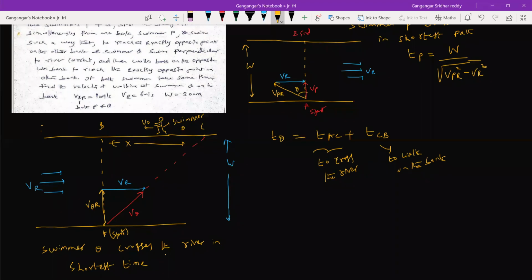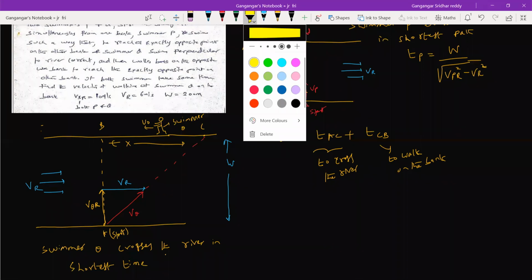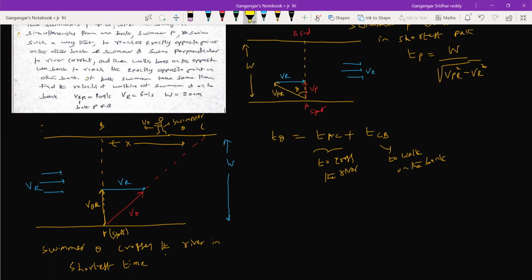If both the swimmers take the same time. What do you mean by the same time? So TP should be equal to TQ. So what is TAC?